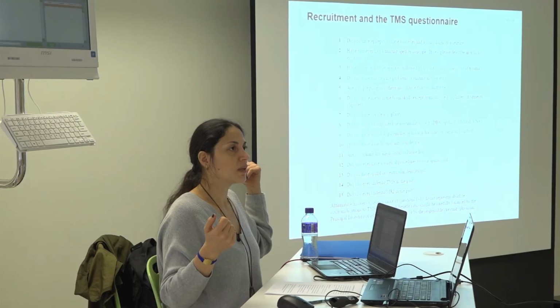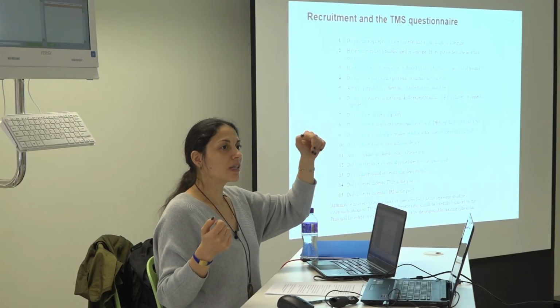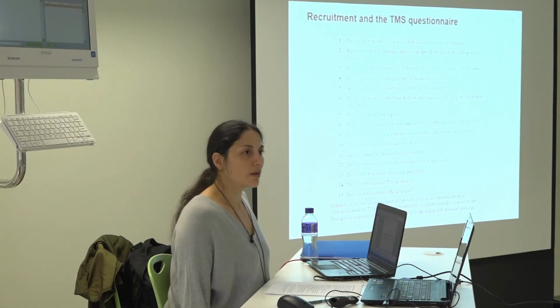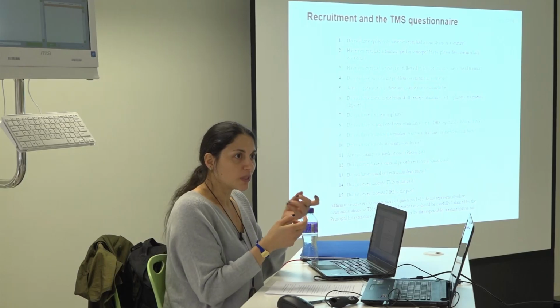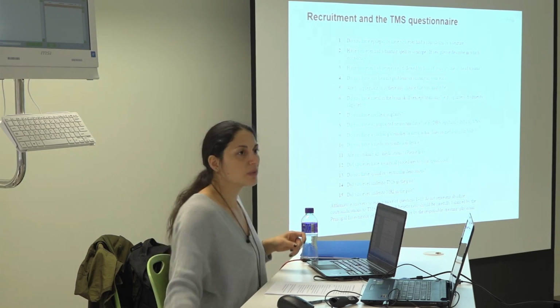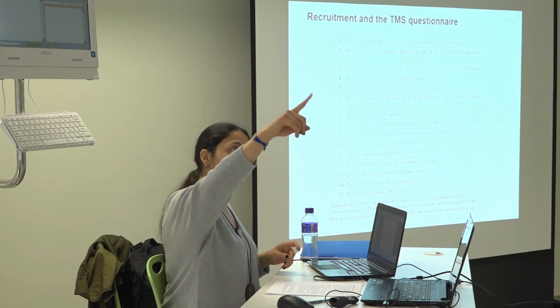Like the experience I told you about. There was a person who heard the click of the coil and moved the whole body without the coil being near. I had just switched on the equipment, saying, okay, we're going to start just so you know what TMS is, and I clicked and the person moved. I explain everything, what the procedure is going to be, and the person moved there.